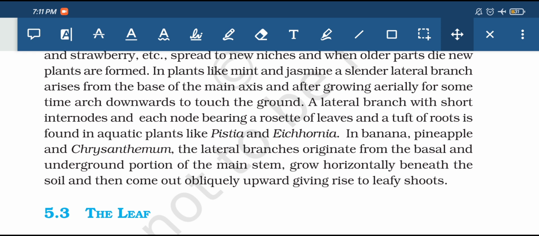The main stem grows horizontally beneath the soil and then comes out obliquely upward, giving rise to leafy shoots.